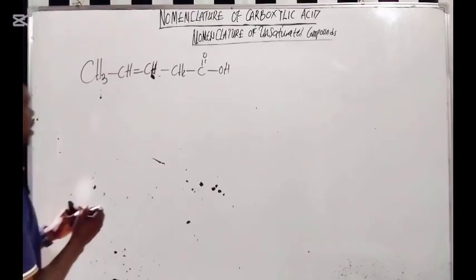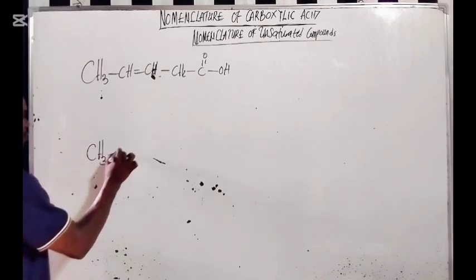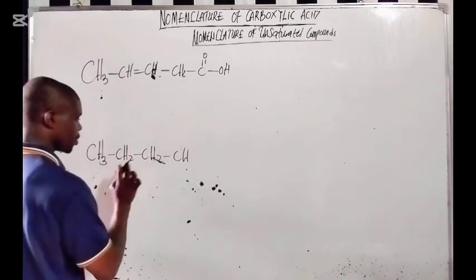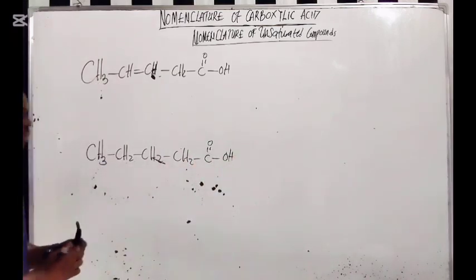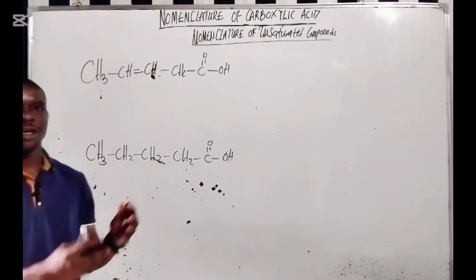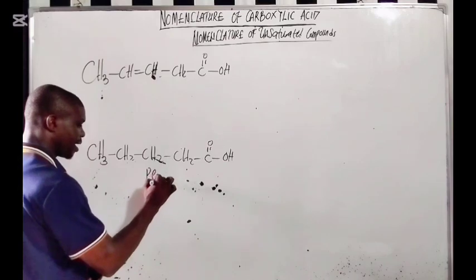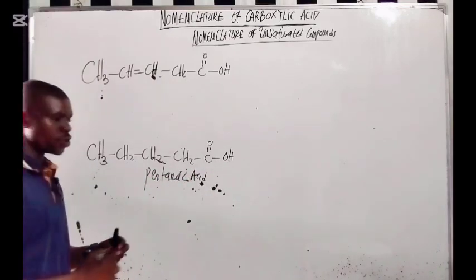Now, as there's no double bond here, as we have something like this, CH2, CH2, CH2, C, 1, 2, 3, 4, I believe you already know this one here. 1, 2, 3, 4, 5. You're going to name it pentanoic acid. Right? It's okay.